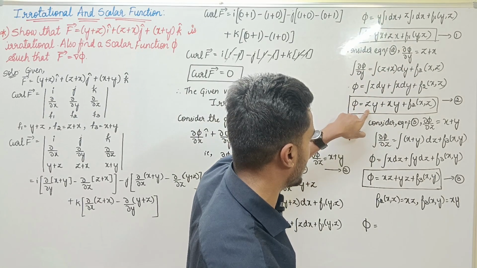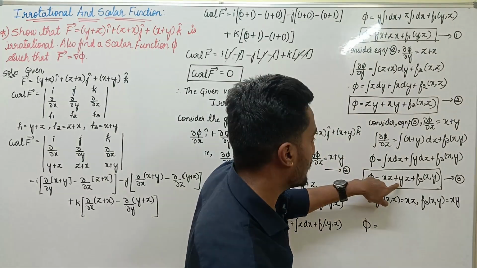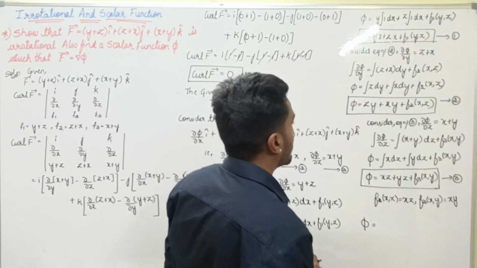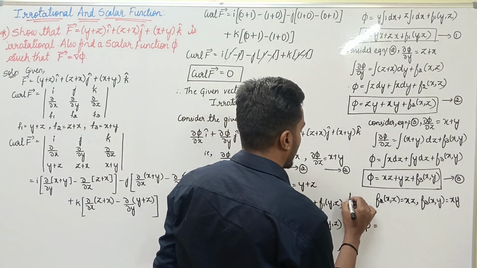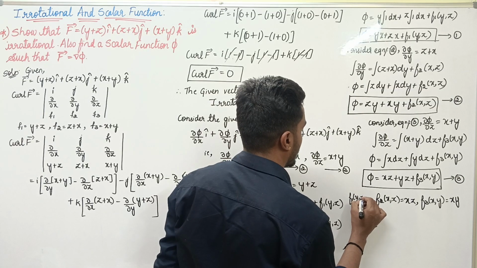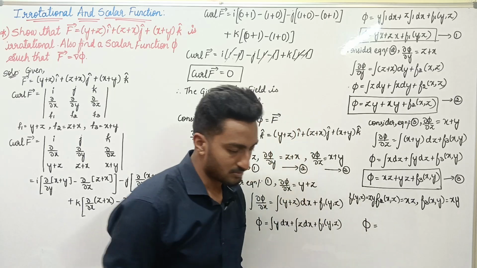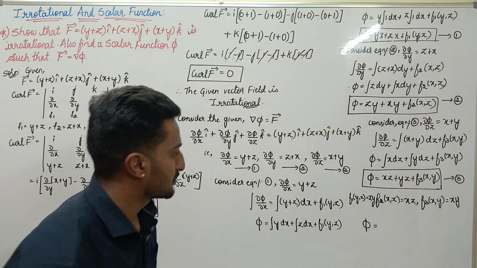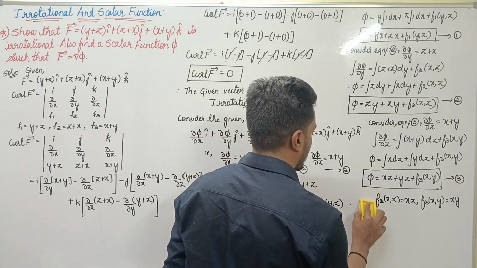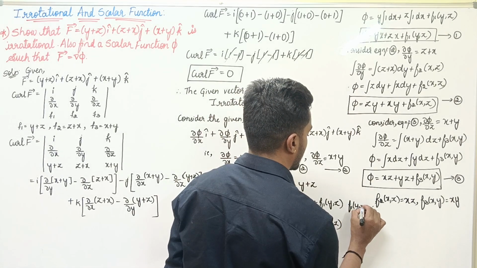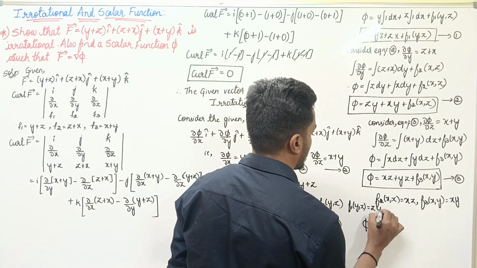We have zy here, we have zy here, but no, we don't have zy. That is f1 of y comma z, which is equal to zy.